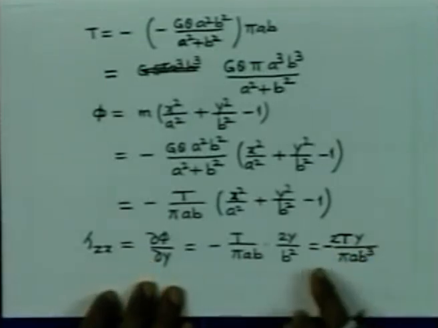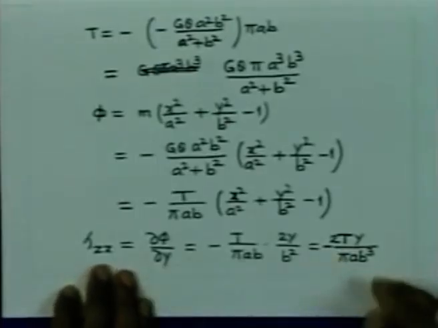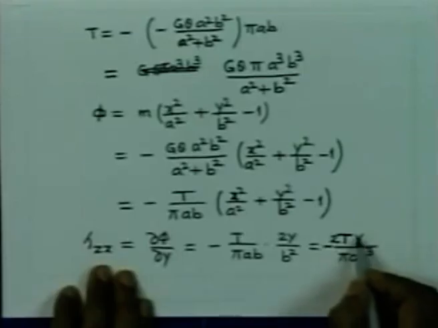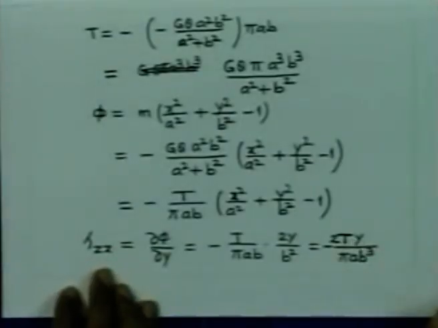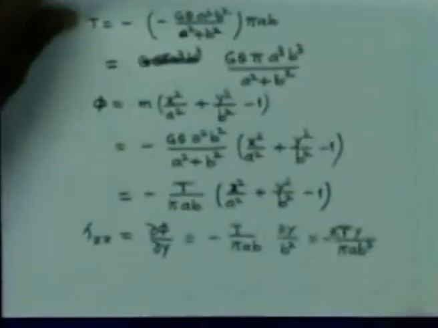Again, you can check that the stress will become Newton per meter square, as the numerator is Newton meter and the denominator is meter 4. So, therefore, we are going to get Newton per meter square, the stress unit. Look at this relationship.